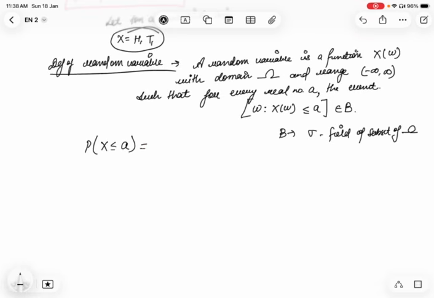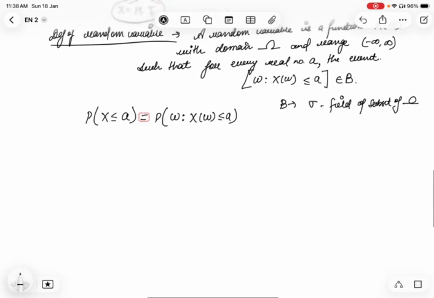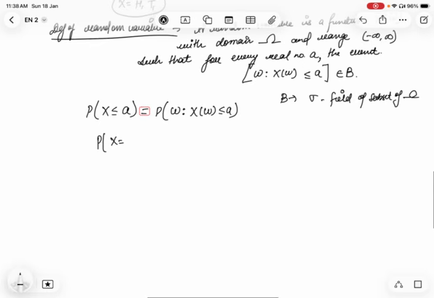And probability of X equal to x is probability of {omega : X(omega) equal to x}. So this is the way to write the random variable.